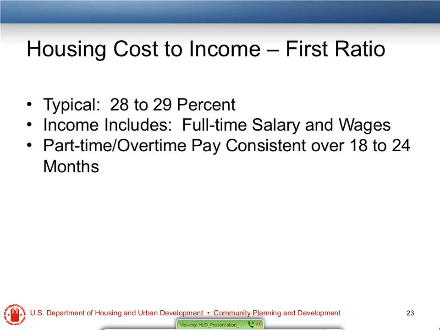The housing cost to income, which we call the first ratio, or sometimes the front ratio, is going to be somewhere around 28 to 30%. That's probably where it is today for most underwriters that are providing homeownership finance. And they're going to be looking at income that includes full-time salary.